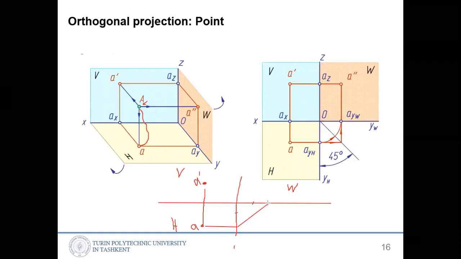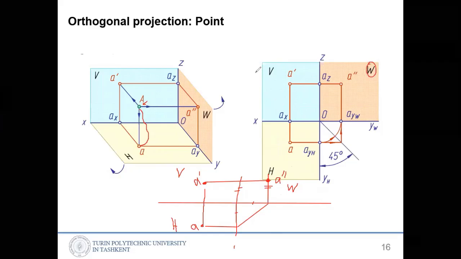Then make a straight line again, and you can use this label A, so that this distance is equal to this distance. Then we can define the point A2 dash. The intersection point gives you A2 dash, which is in the W plane, the profile plane.